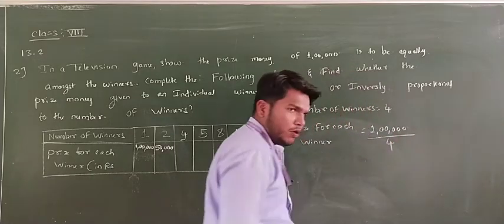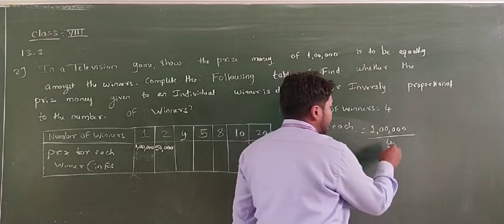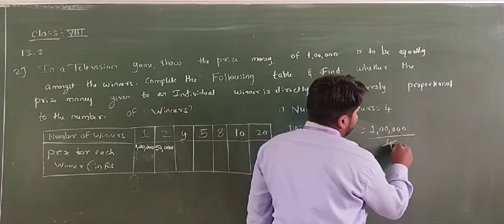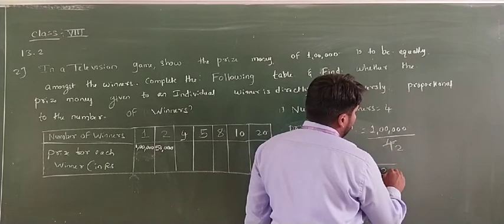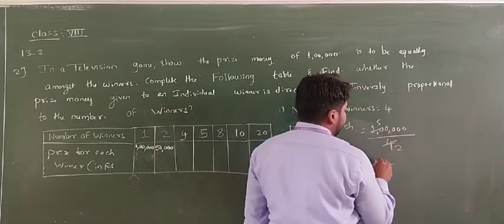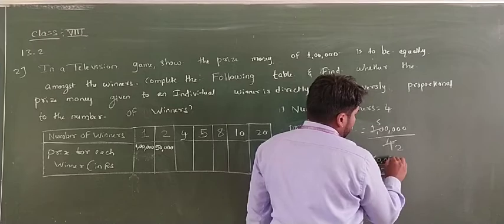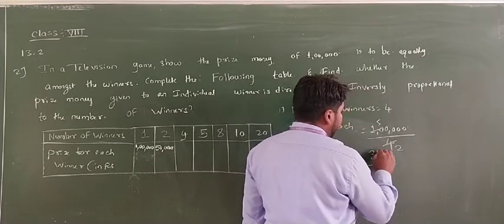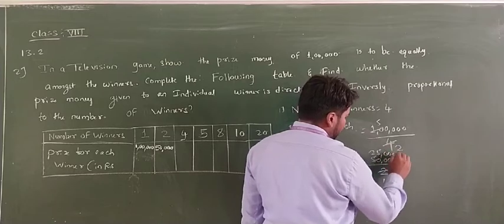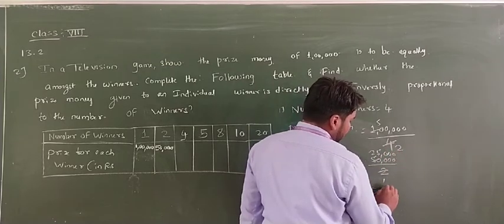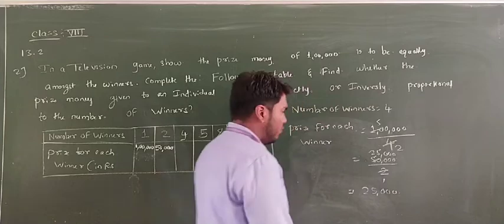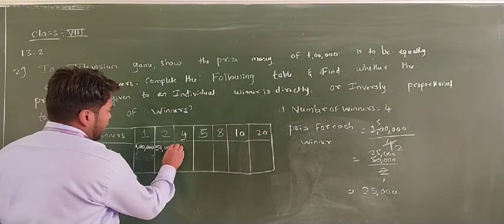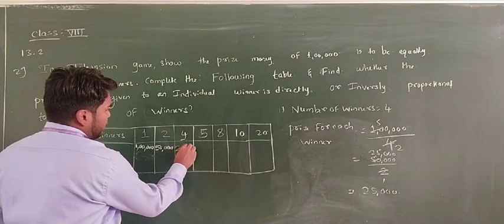Simplifying, 2 fives are 10, so 50,000, and again 2 twenty-fives are 50, so 25,000 will be equally shared if there are 4 winners. So write 25,000.